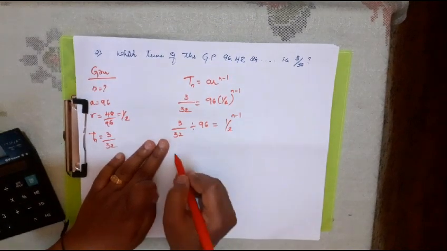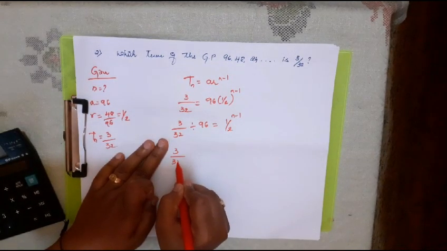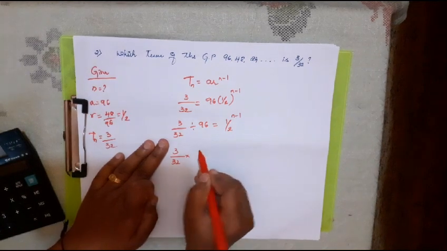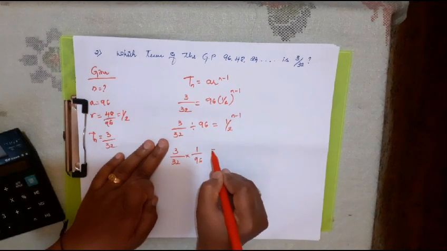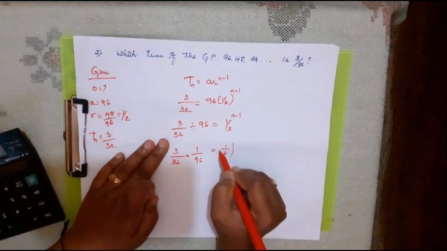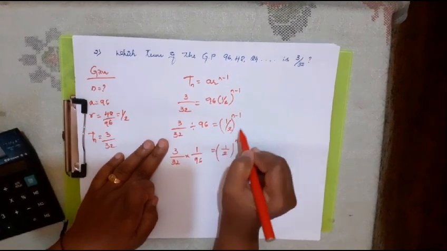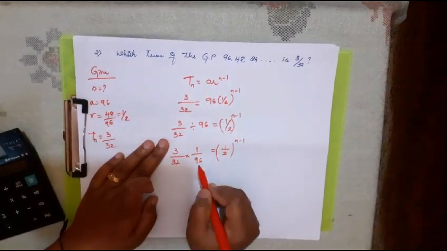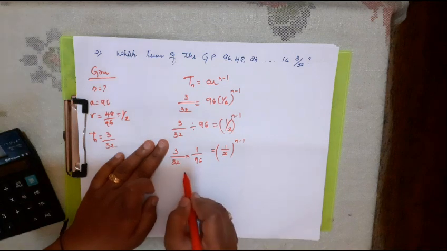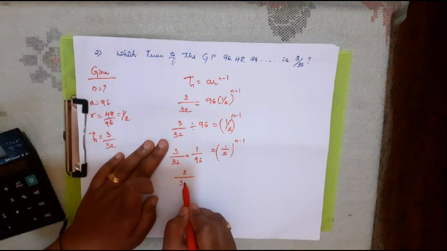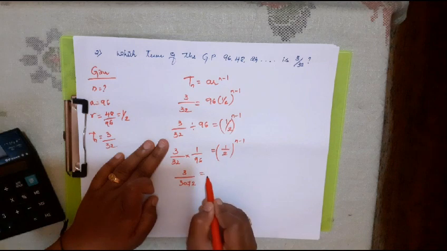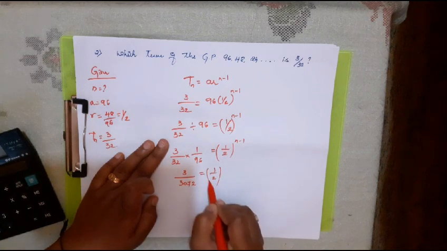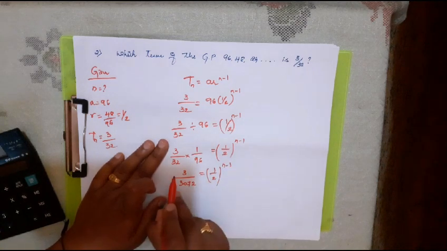Divided by 96, it will be written as 3 by 32 into 1 by 96, which is equal to (1 by 2)^(n-1). Cross multiply: 32 times 96, you are getting 3 by 3072, that is equal to (1 by 2)^(n-1).